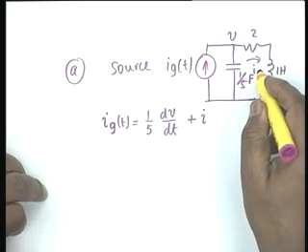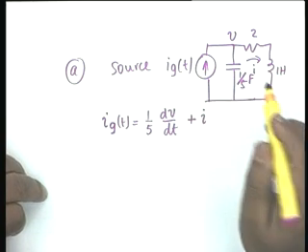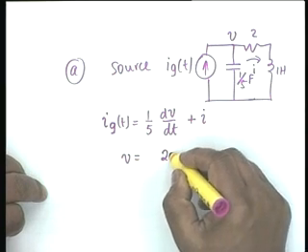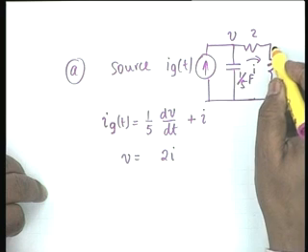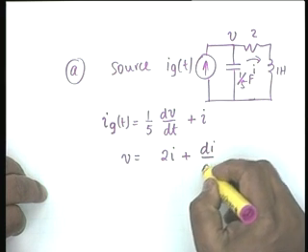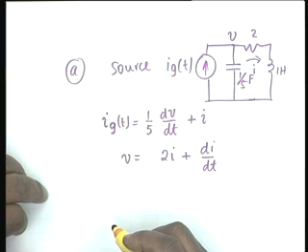Now what I want is the free response for i, so I must eliminate V. Now look at what V is. V is twice i, the drop in the resistor, plus L di/dt, so it is plus di/dt. Agreed?